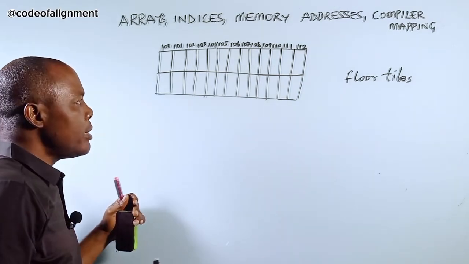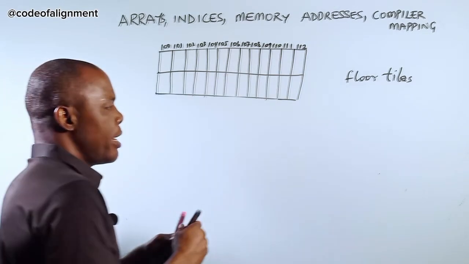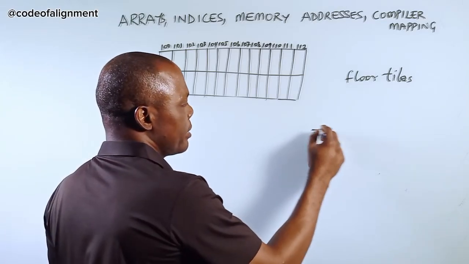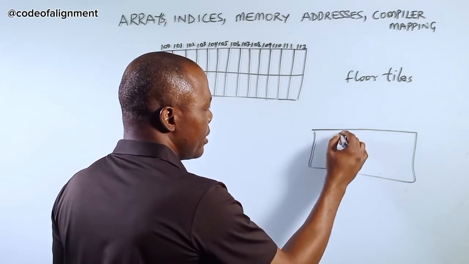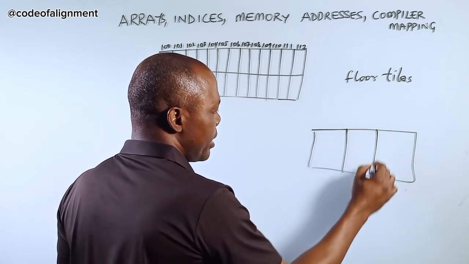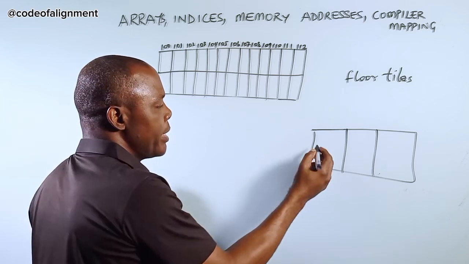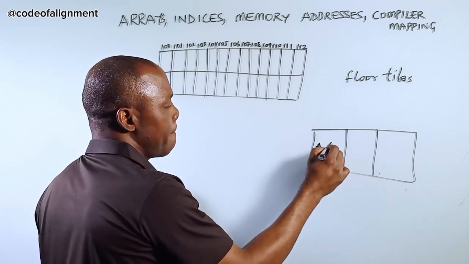Now, assuming we have three chairs, for example, like this. So we have this one and this one, let's assume. Now, the first chair, we have a name, say Ada.